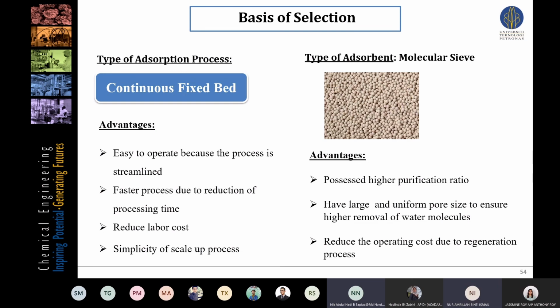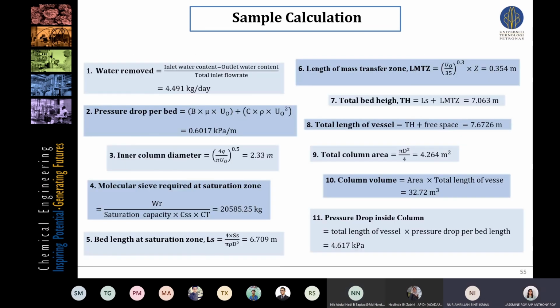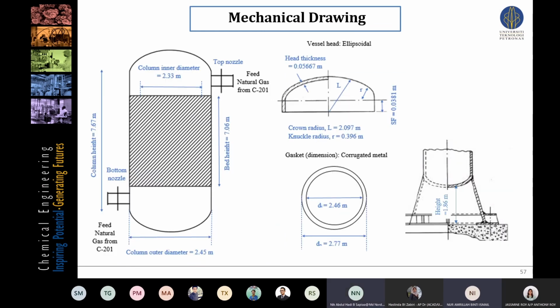Volume of bed. No, the volume of vessel is 32.7 meter cube. Can you show the specification? Sure. The data sheet.